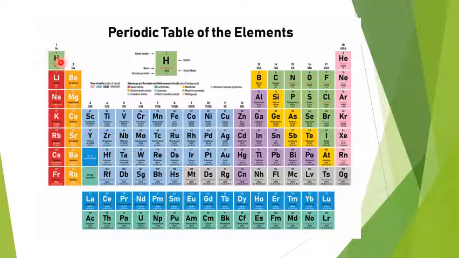Hydrogen, we're going to actually move hydrogen over to the nonmetal side. Okay, so what we can do is put it right over fluorine. Now I told you that all the elements in a column will have similar chemical properties.